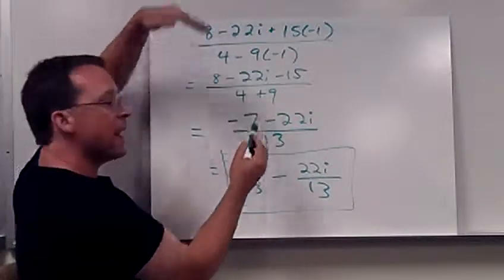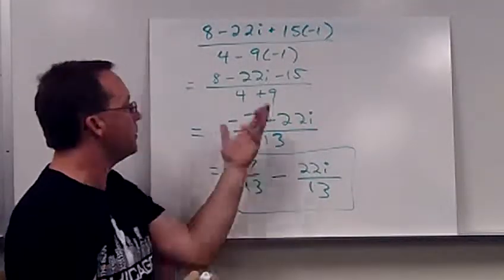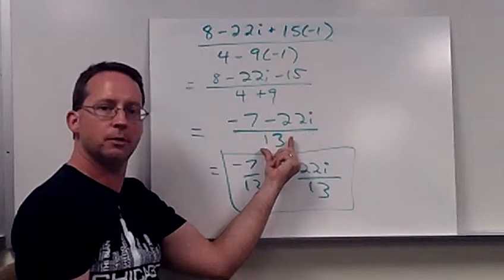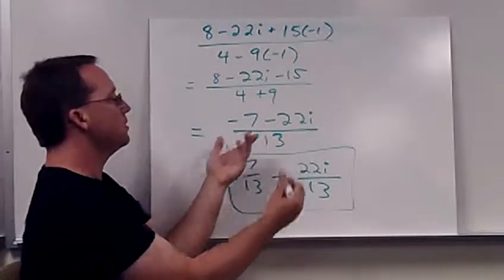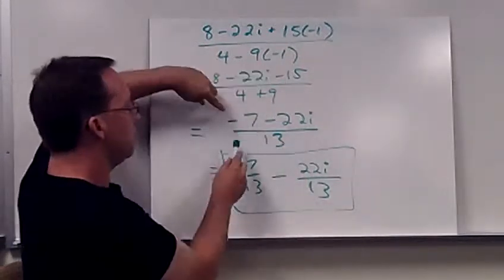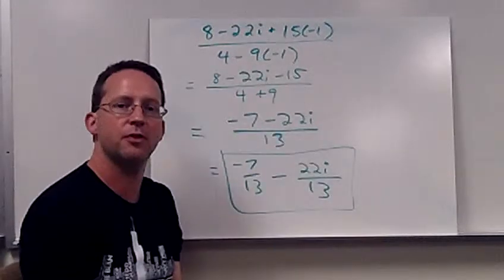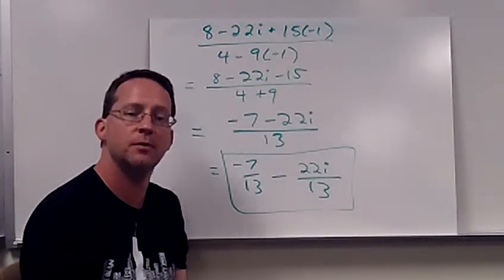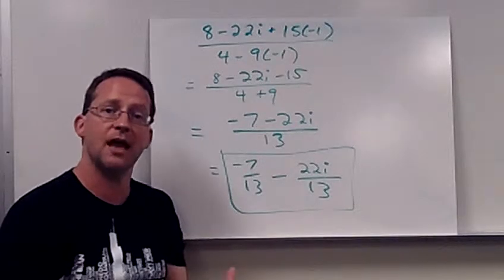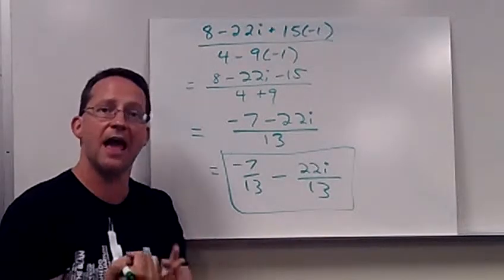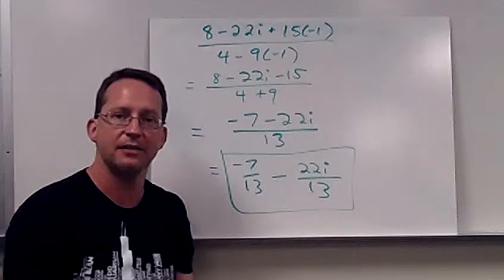All right? By using the conjugate, the denominator will always just come out to be a real number. In this case, it was 13. So then at the end of the problem, we can just do the real part divided by 13, the imaginary part divided by 13, and get our final answer. And that's how we divide complex numbers. So you now know what complex numbers are. You know how to add, subtract, multiply, and divide them all.